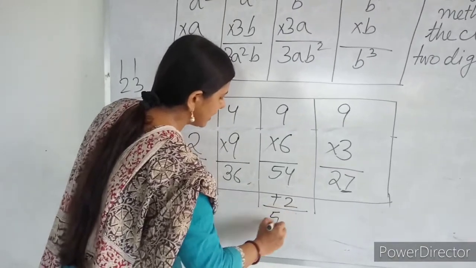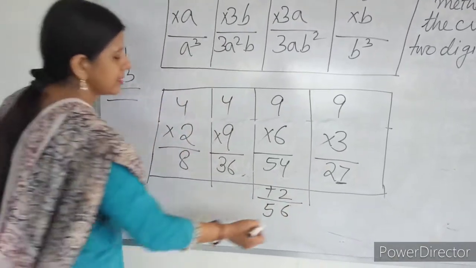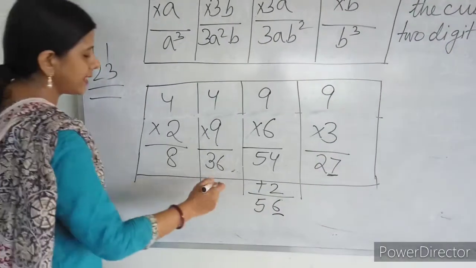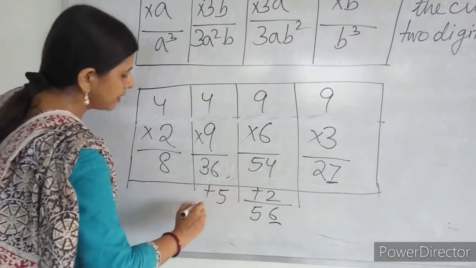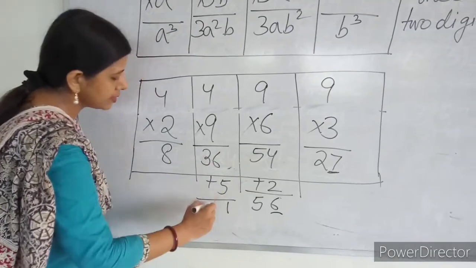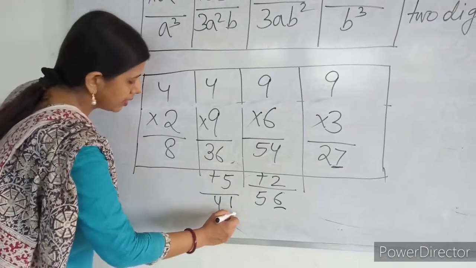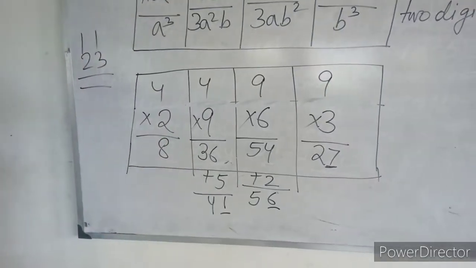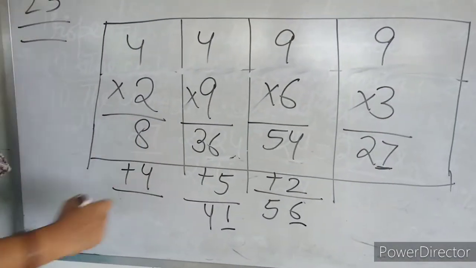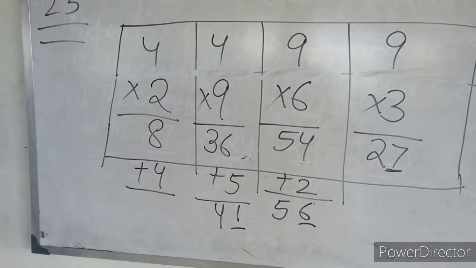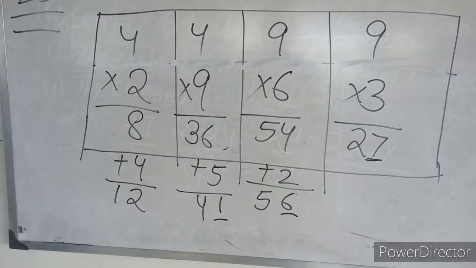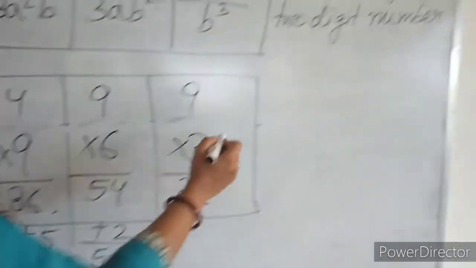So I am going to get 56. Now if I leave this number, then what is left here? 5. I will add 5 here. 6 plus 5 is 11. 3 plus 1 is 4. Now this one is underlined here, 4 will be added here. 8 plus 4 is 12. So my actual answer will be 23 cube.